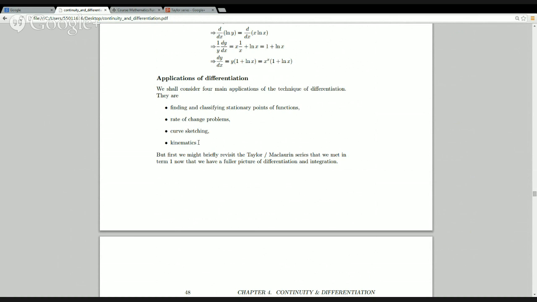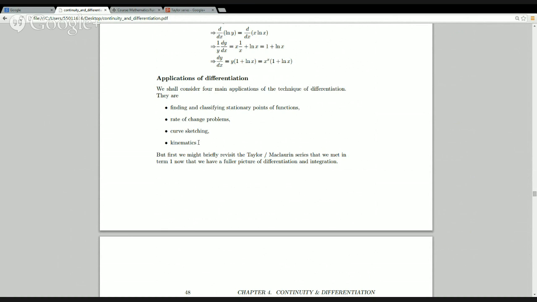And then some pretty simple problems in mechanics, looking at the motion of bodies under the influence of gravity, typically. Those are little applications of Newton's laws. So we look at the position, velocity, and acceleration of a particle.